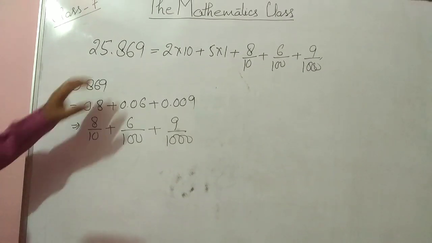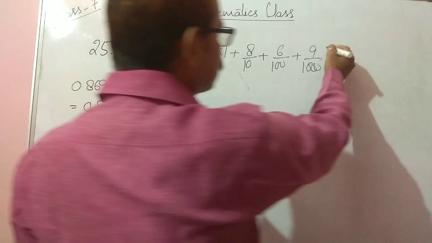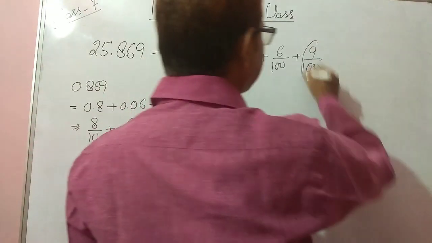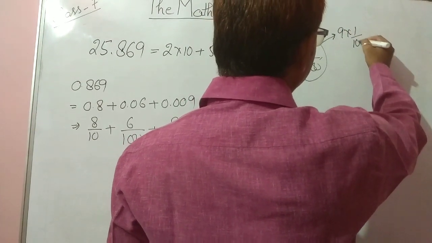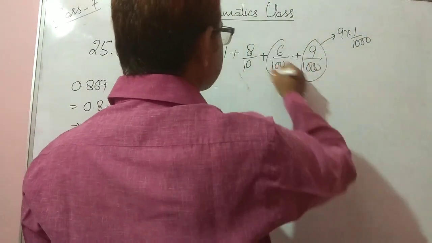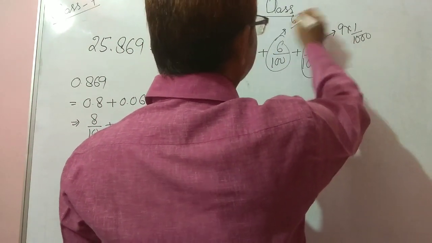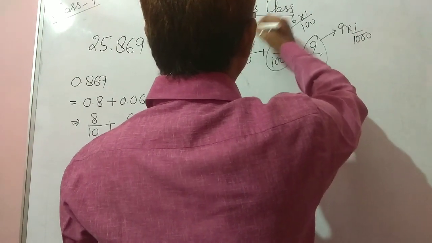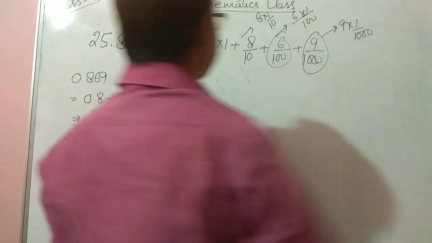So what we have done is written this in the expanded form. Now 9 upon 1000 can be considered as 9 into 1 upon 1000, 6 upon 100 can be considered as 6 into 1 upon 100, and 8 upon 10 can be considered as 8 into 1 upon 10.